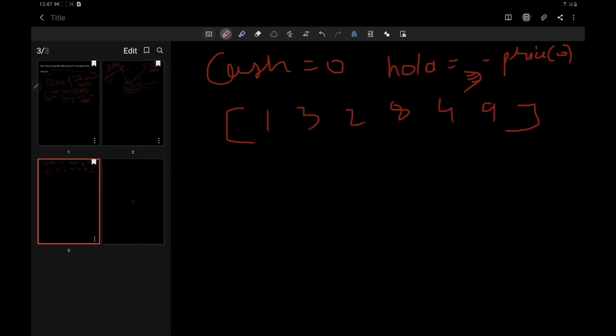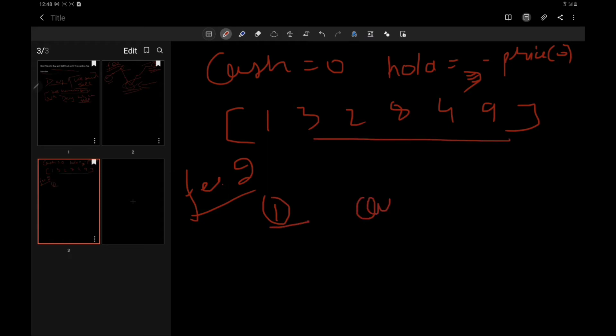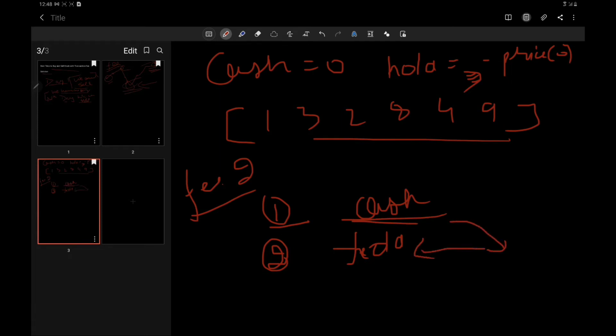Here is the example, and the fee given to us is 2. First of all we will loop over the prices and decide our cash value, and then we will decide whether this value could be held or not. Based on this update, the value of hold will be decided.